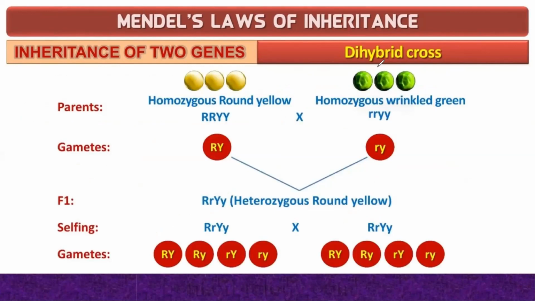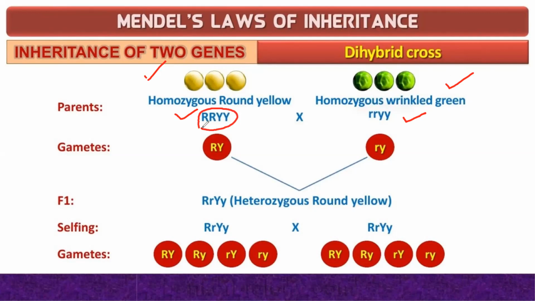Parent with homozygous round yellow, the genotype is capital R, capital R, capital Y, capital Y. Homozygous wrinkle green, the genotype is small r, small r, small y, small y. The gametes, as it was stated ahead, whenever the parent is homozygous, will always give the same gametes.